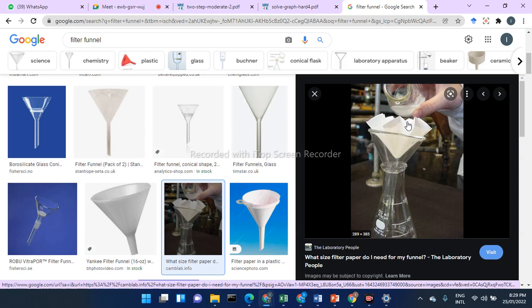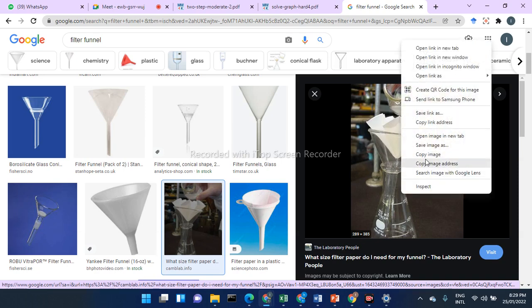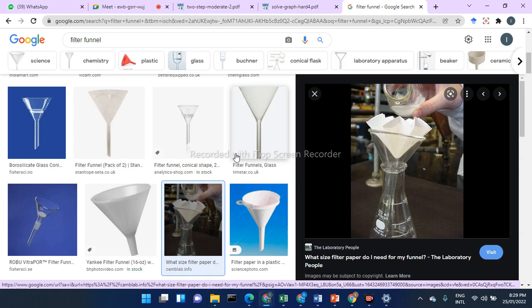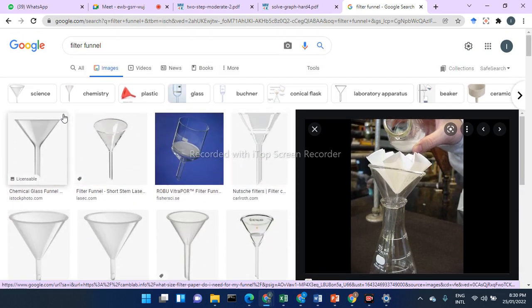The filter paper is what we use to capture the solid. So when you put in a mixture, let's say sand and water, the sand is captured in the filter paper and the liquid goes down. That's how we use a filter funnel, and that process is called filtration.